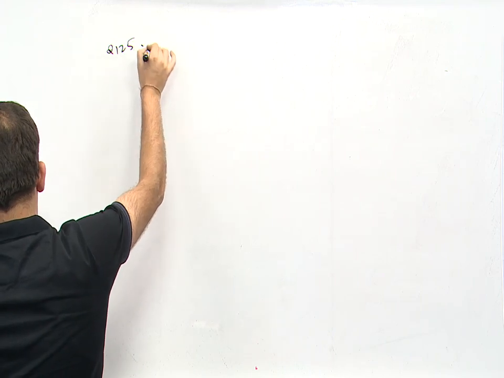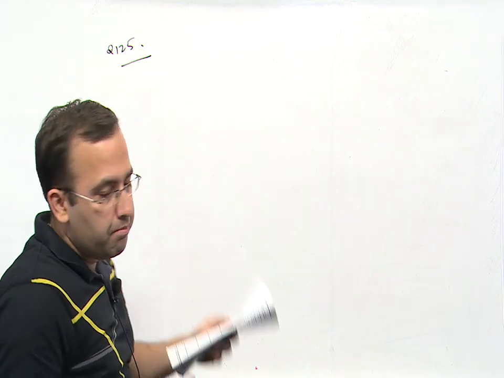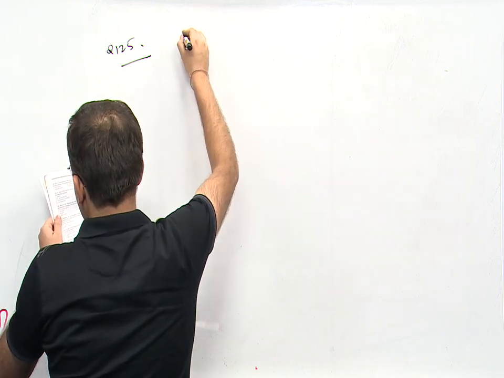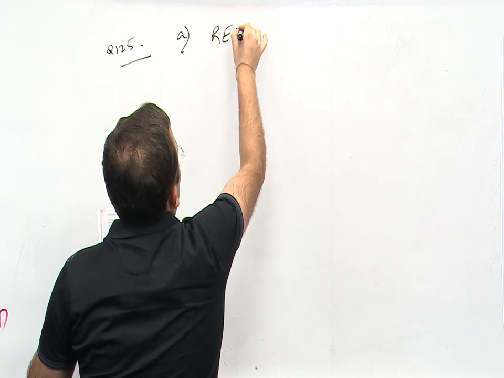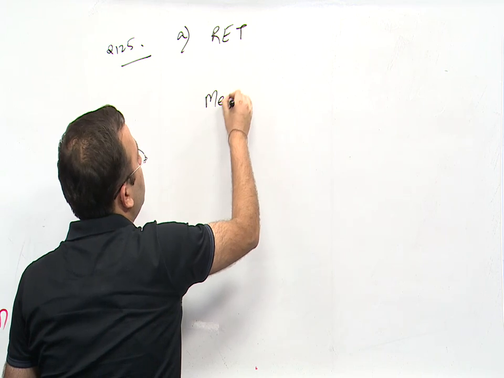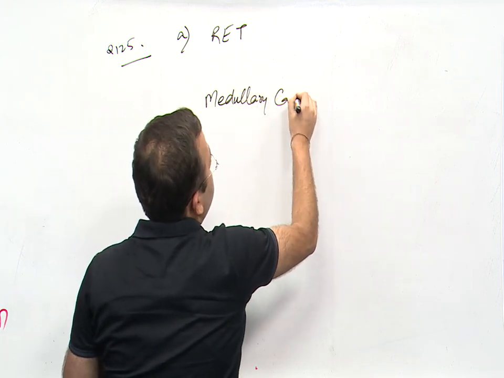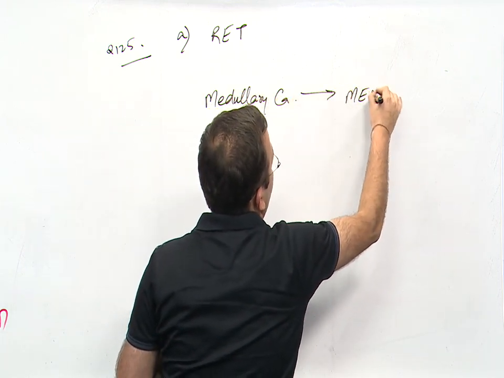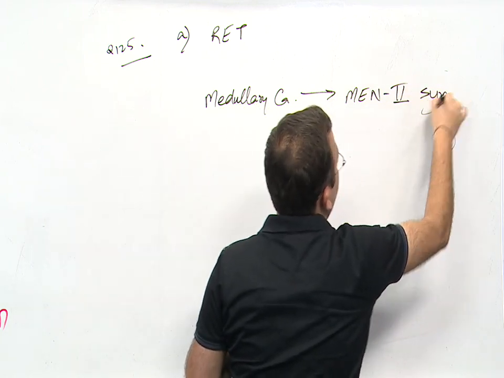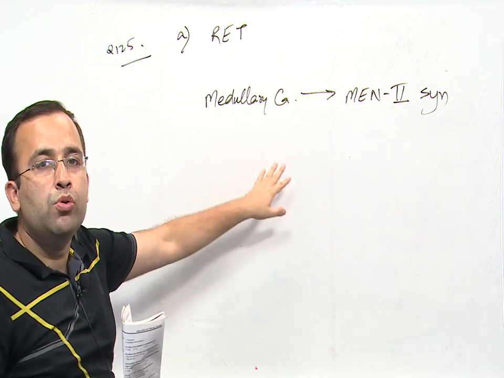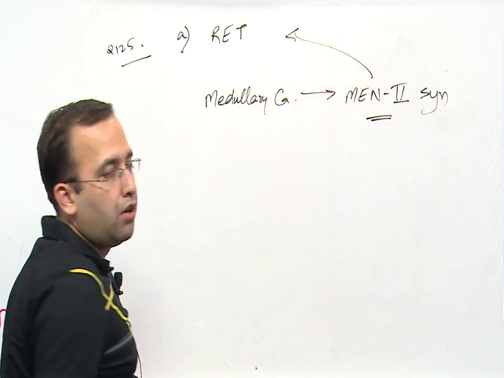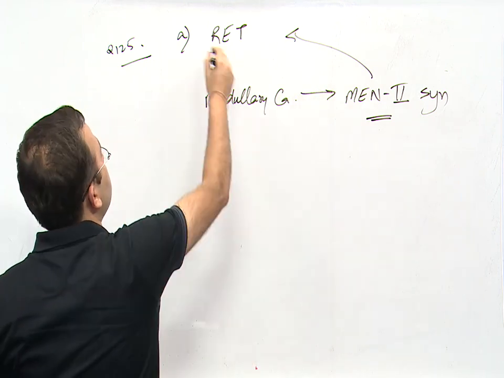Question 125. Which gene defect is associated with medullary carcinoma thyroid? Answer is A, that is RET proto-oncogene mutation. Why? Because medullary carcinoma thyroid is part of MEN2 syndrome, which is associated with RET proto-oncogene mutations.